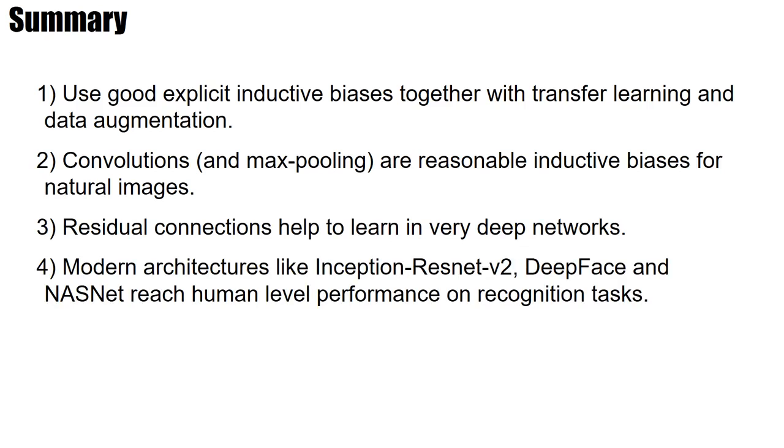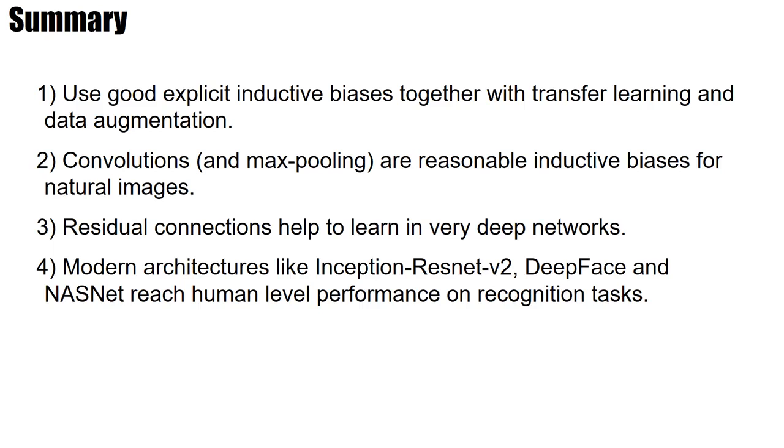And modern architectures that combine convolutional layers with other features can reach human level performance on recognition tasks. One has to be a little bit careful with the standard ImageNet database because of its bias towards animal breeds, where a referent human who is not trained on these images is of course not that good.